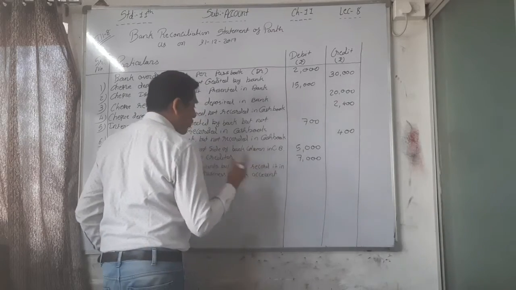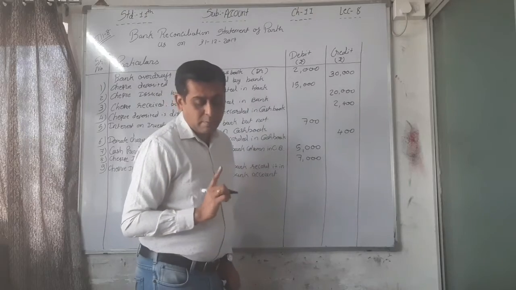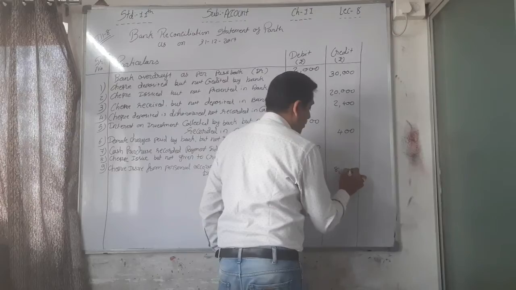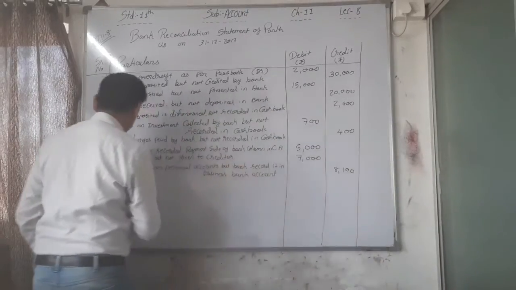So the bank debited it, we have to credit it. Bank debited that amount in our business account, that's why we have to credit 8100. 10th point.